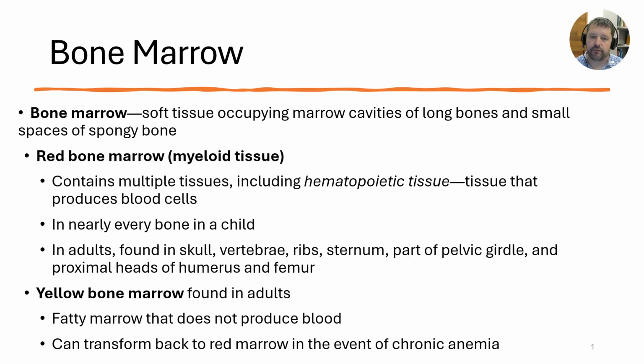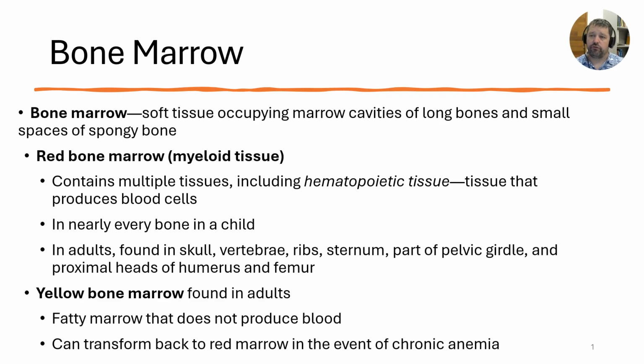Then the yellow bone marrow. It's primarily found in adults, and it kind of replaces the red bone marrow. Where there was once red bone marrow, often as an individual ages, it tends to become yellow bone marrow, or that spongy bone region would become compact bone.